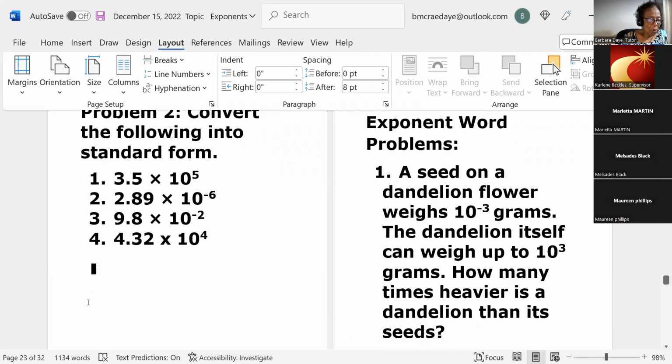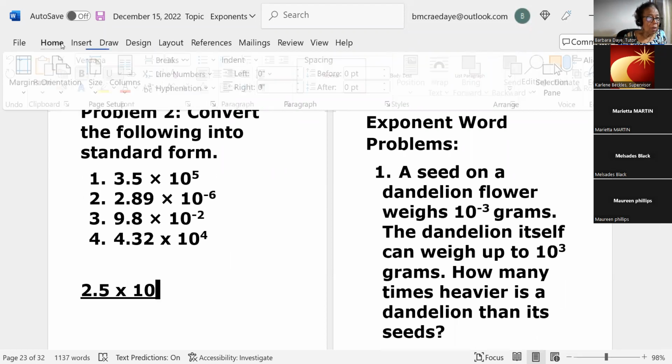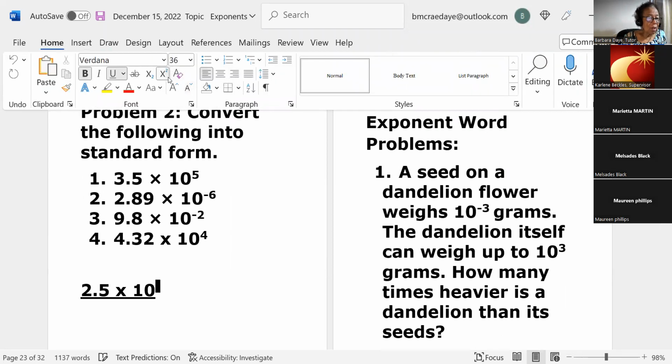In other words, okay, let me do this. Suppose I had, let me just take one here. Suppose you had 2.5 times 10 to the, let me just put a power here, to the 3rd power. Now, what would that number be in its standard form?